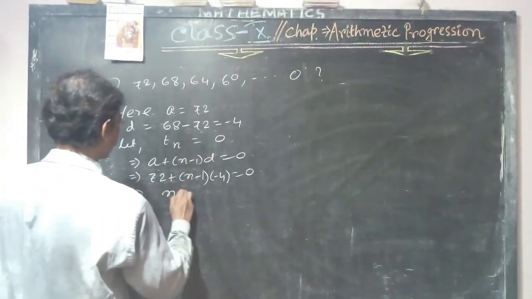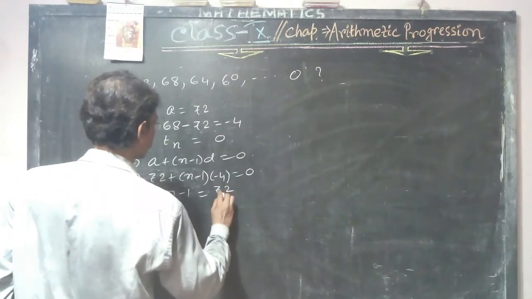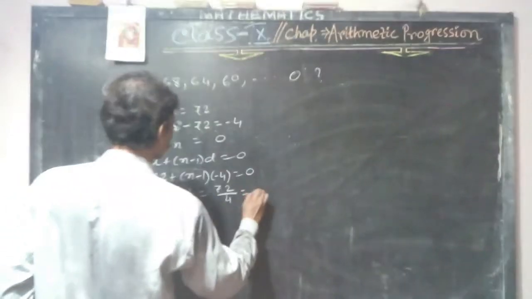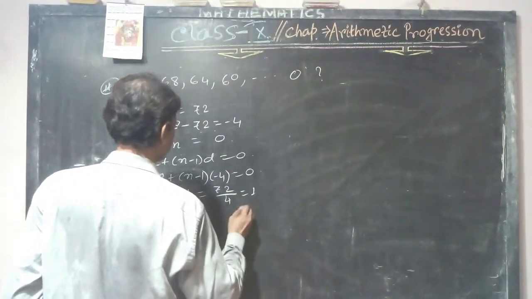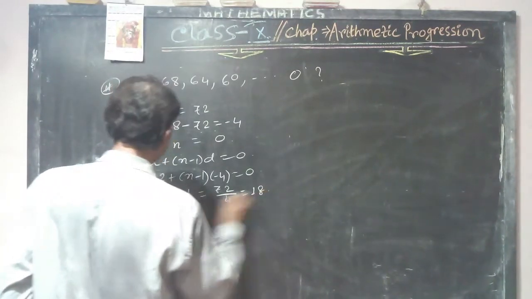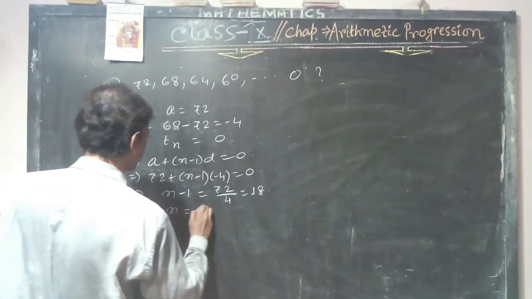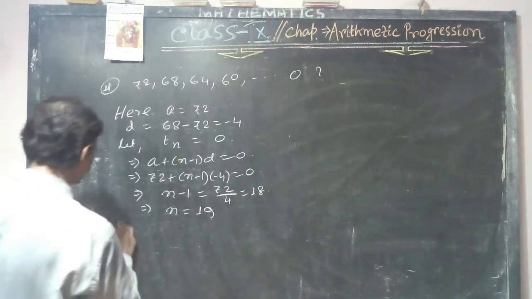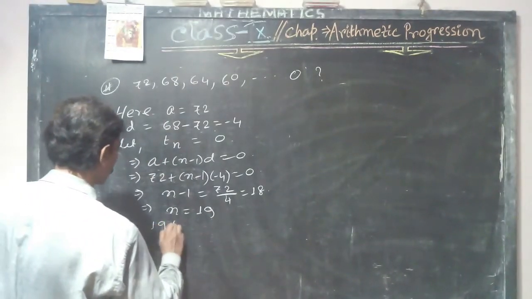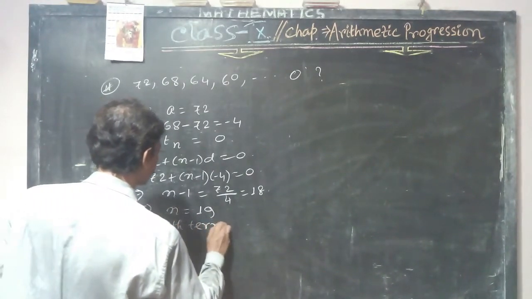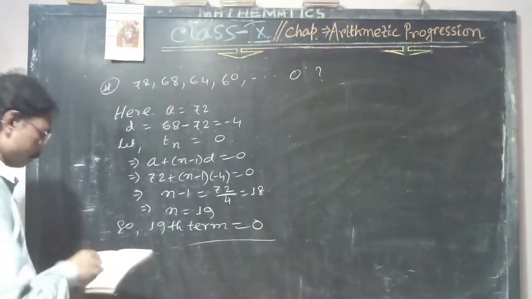That means n minus 1 equals 72 by 4 equals 18. That means n equals 18 plus 1 equals 19. So the 19th term equals 0.